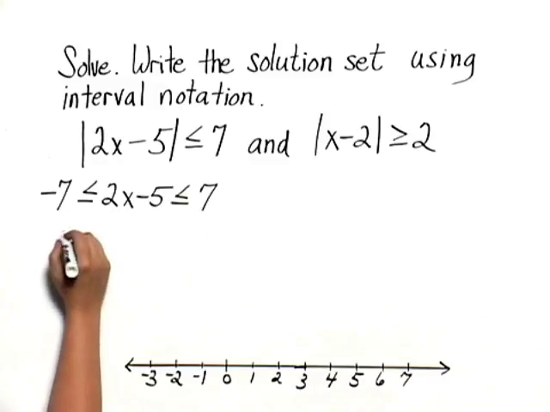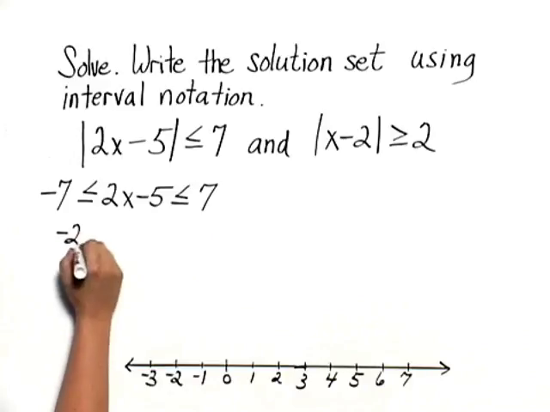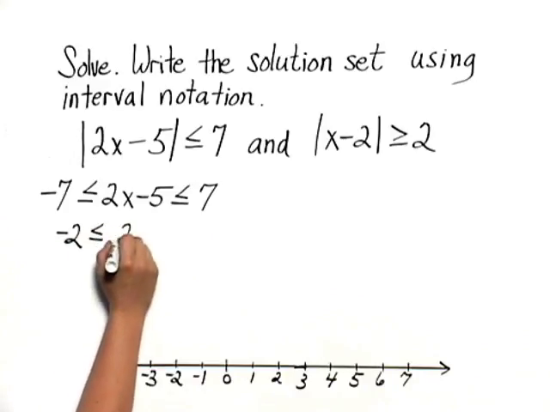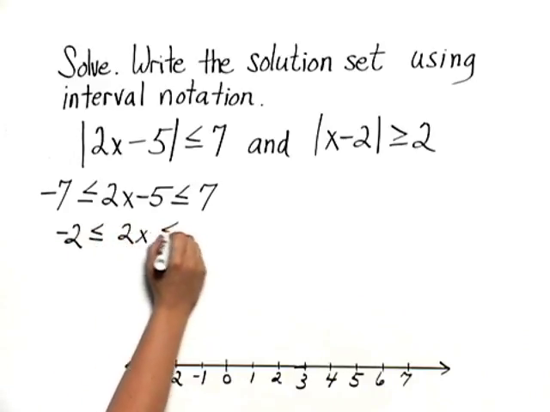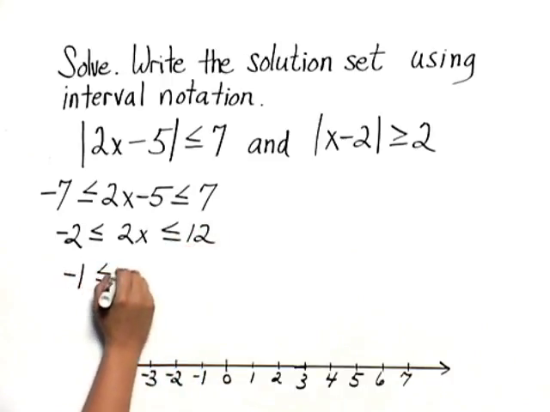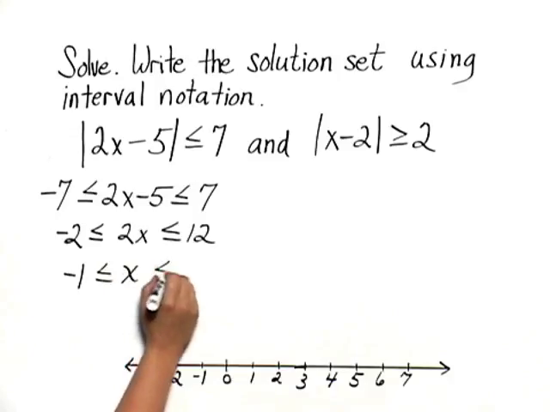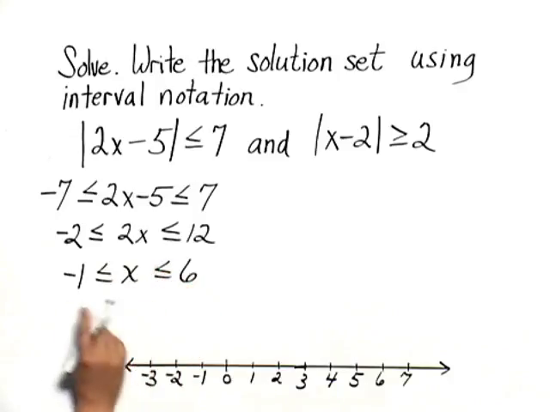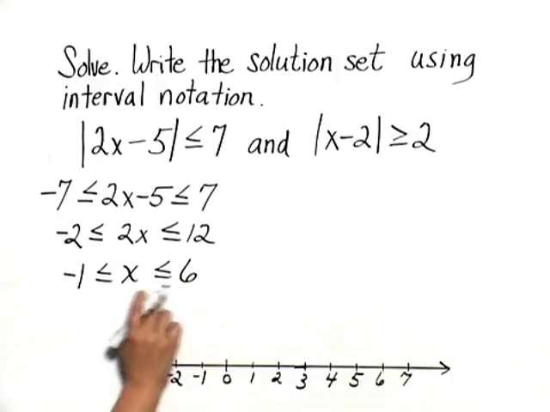Adding 5 on both sides, we have negative 2 is less than or equal to 2x, and that is less than or equal to 12. And dividing everything by 2, we have negative 1 is less than or equal to x, which is less than or equal to 6. So the interval from negative 1 to 6 is the solution set of this first inequality.